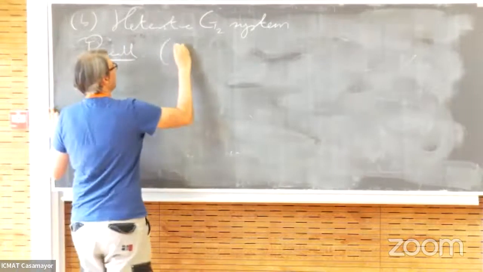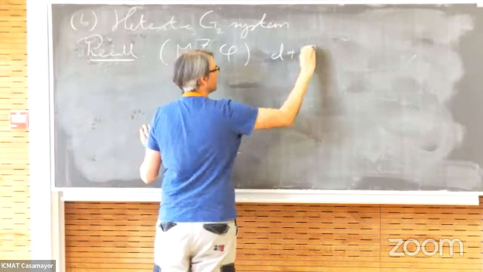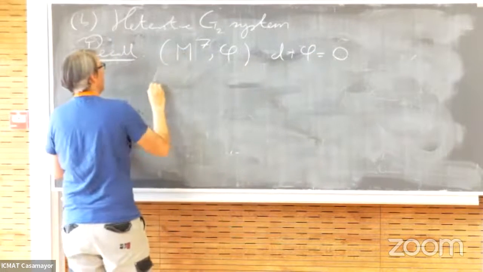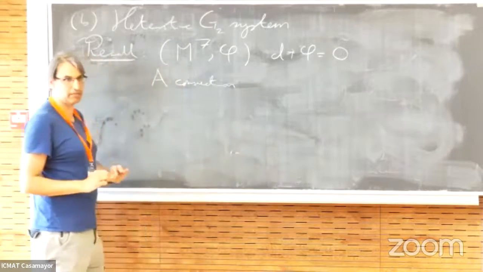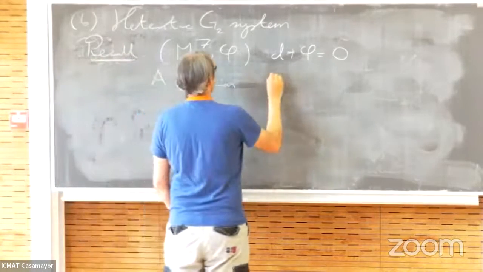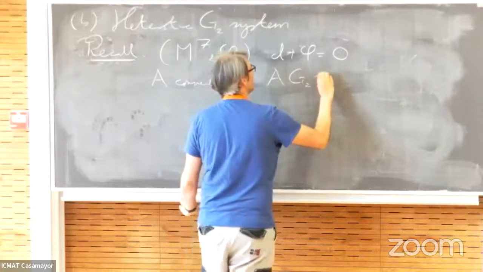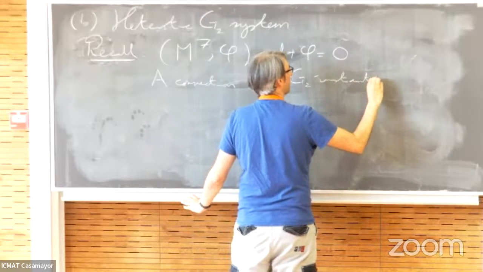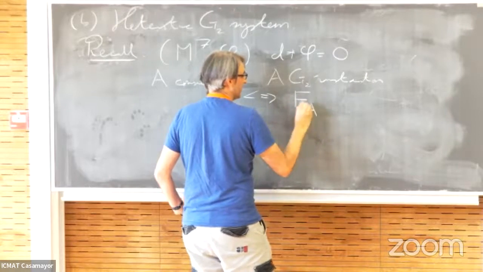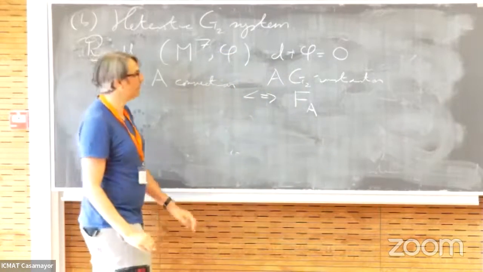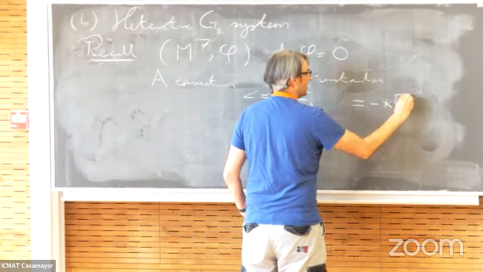So suppose you have a 7-manifold with one of these G2 forms that's co-closed. And suppose A is a connection on some bundle over this 7-manifold. Then there's the notion of A being a G2 instanton if and only if, looking at the curvature of the connection, it's kind of anti-self-dual.